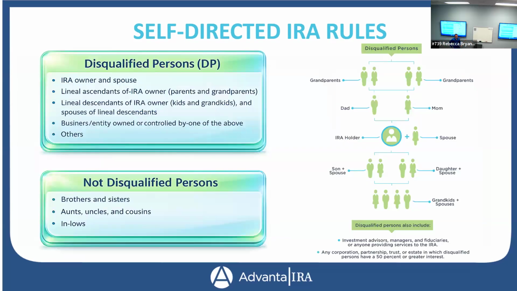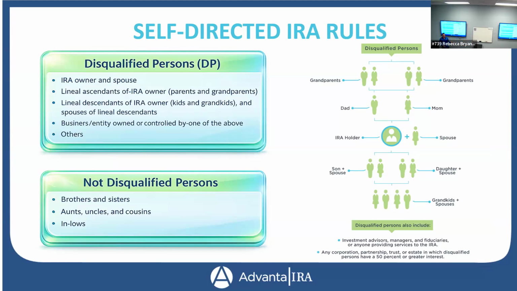And then we were just talking about disqualified individuals. This is the exact family tree that's mapped out here. Disqualified individuals would be the IRA owner and their spouse, and then the lineal family bloodline. So that'd be mom, dad, son, daughter, spouse. That's all lined up on the page there.